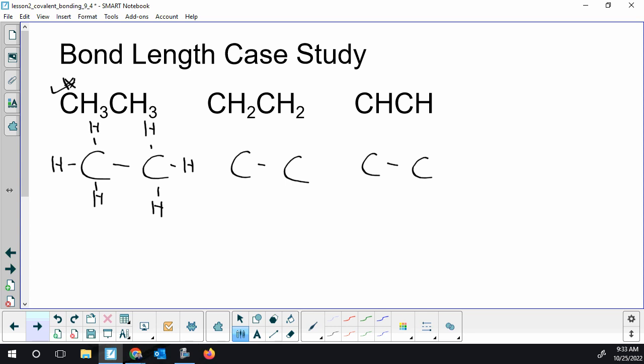When I move to the middle example, we've lost an H. There's now only 2 H's. And when I look at that leftmost carbon, I see 3 dashes coming off of it. So I'm like, that doesn't work. I haven't drawn it, but there's another single electron there.